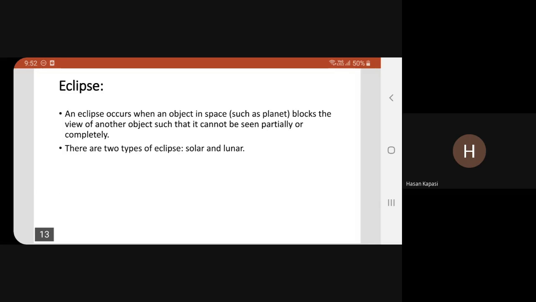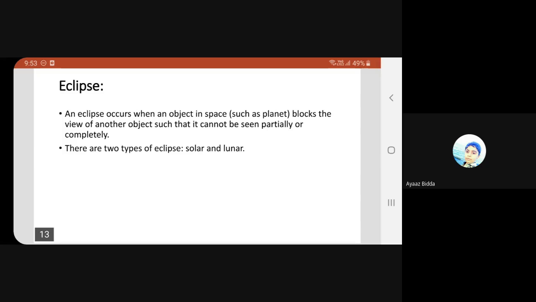You block the view of the object which you want to see, because you put your palm on the light of the torch. But if you move your hand from there, then once again you can see the objects, correct? Yes, ma'am.